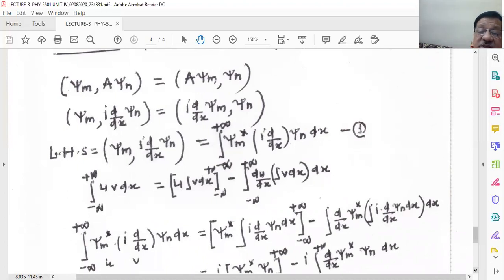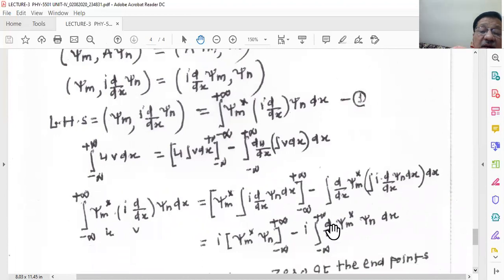Now using this law, you see our psi m star is our function u of x, and v is i d by dx psi n. This is the entire v. i d by dx is the operator, but it is operating on the operand psi n.